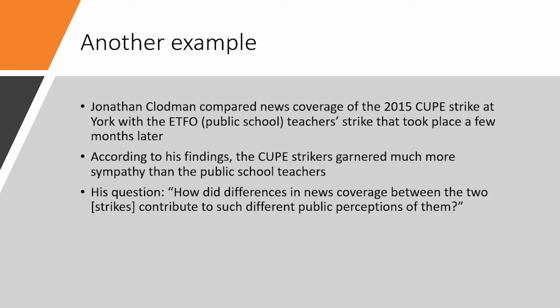According to Jonathan, when he did his study, CUPE strikers obtained public sympathy while public school teachers did not. He therefore asked the research question, how do differences in news coverage between two incidents of job action contribute to such different public perspectives of the job actions themselves?